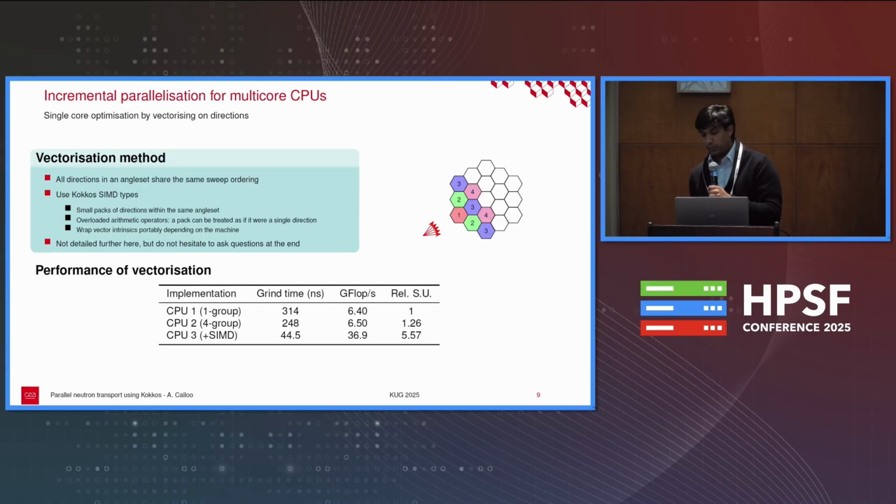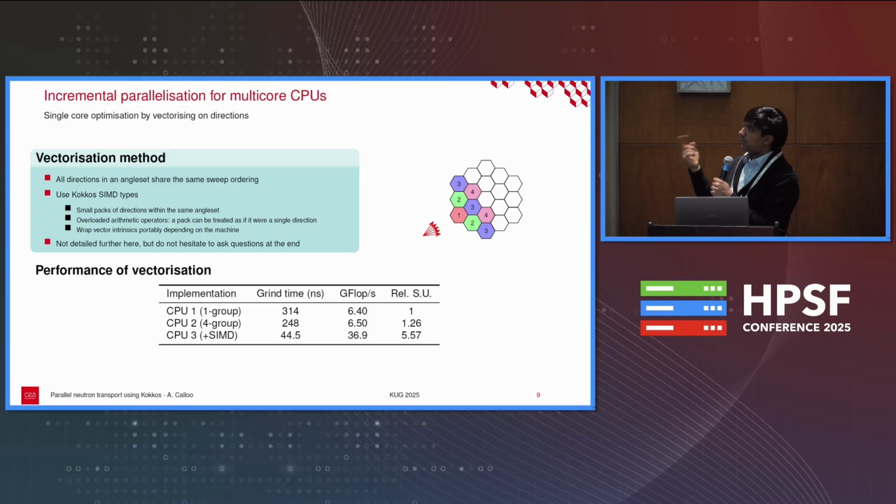Then we started looking at all the directions in a given angle set, as we call it. We can actually exploit vectorization on those angles, and this is what we've done using the Kokkos SIMD types.